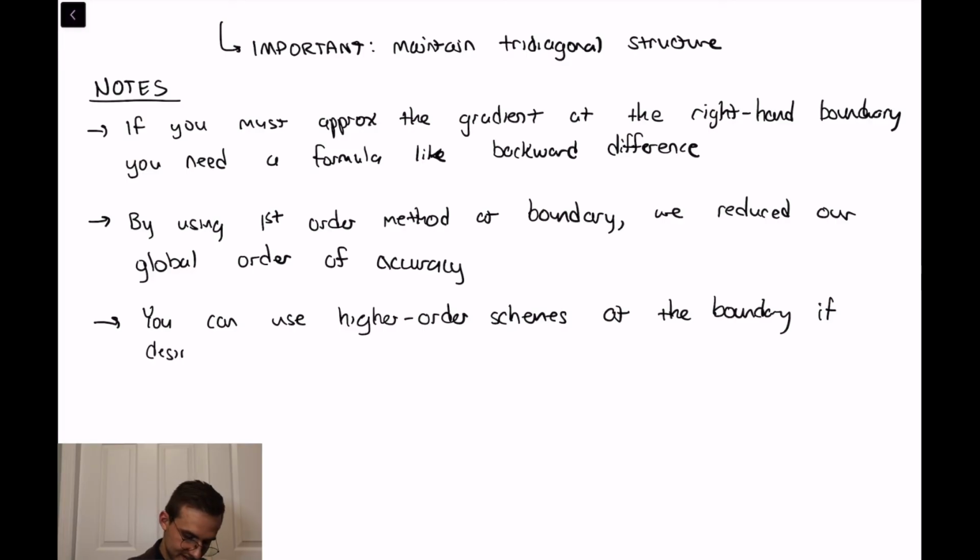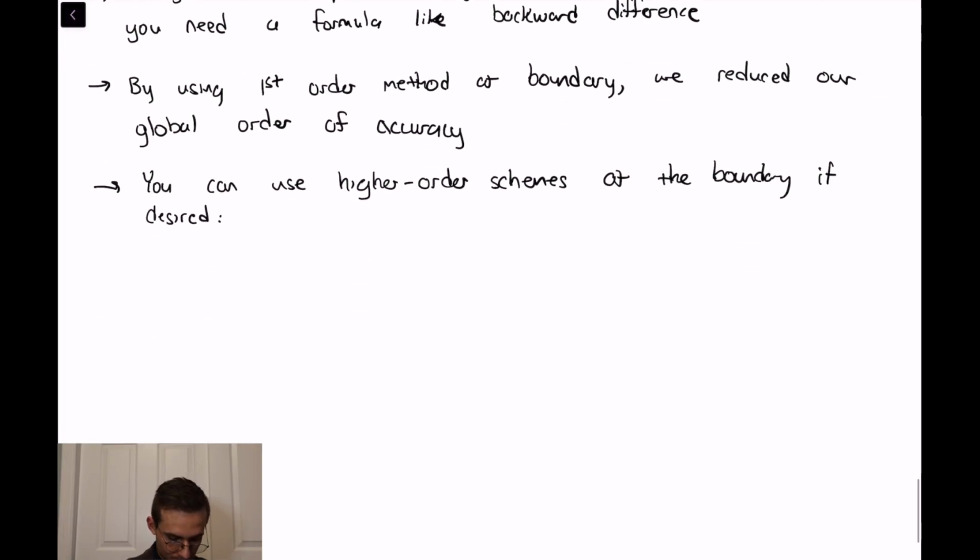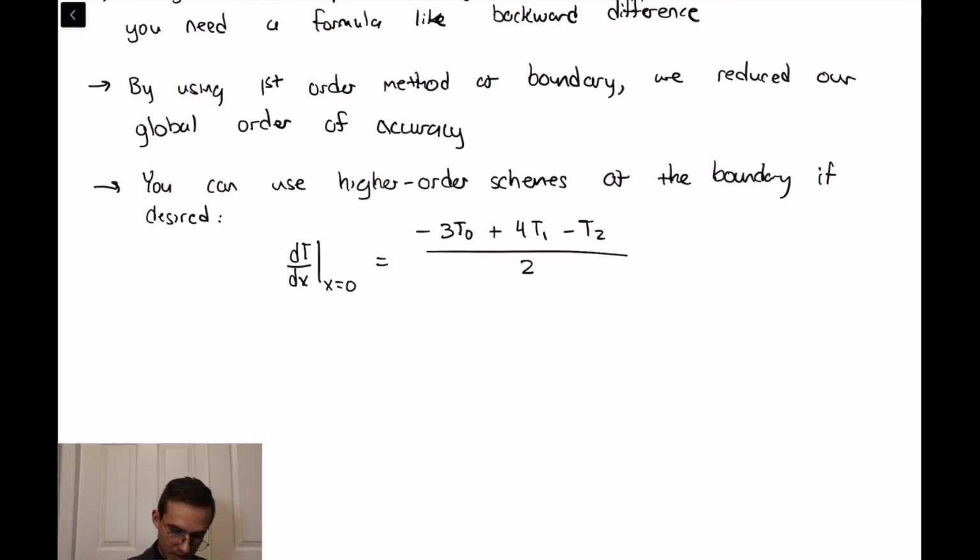For example, for the left boundary, dT/dx evaluated at x equals 0 is equal to minus 3 T0 plus 4 T1 minus T2, divided by 2 delta x. Okay, this is a second order approximation, and the right boundary version of this, like the backward difference version, is symmetric.